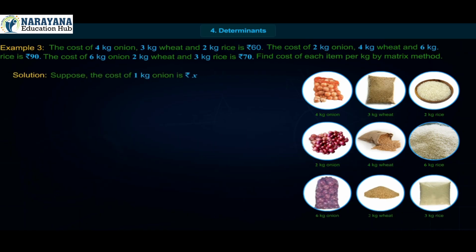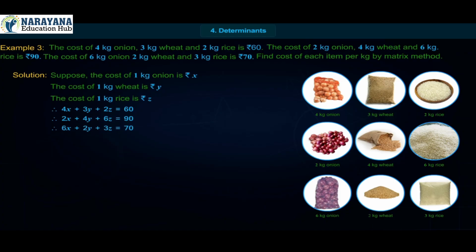Solution. Suppose the cost of 1 kg onion is rupees x, the cost of 1 kg wheat is rupees y, and the cost of 1 kg rice is rupees z. Therefore, 4x plus 3y plus 2z is equal to 60, 2x plus 4y plus 6z is equal to 90, and 6x plus 2y plus 3z is equal to 70.